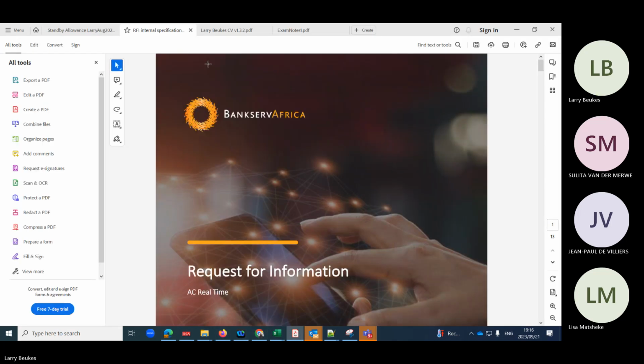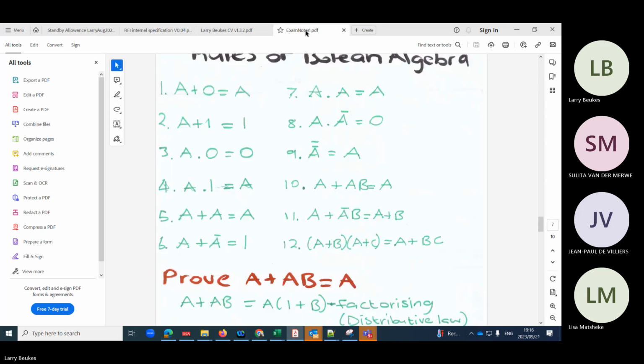A and 1, yes, we said rule number 4, that's identity law. A and 0, identity law as well. A plus 1, this one annulment. A and 0, annulment as well. Then idempotent, which is 5 and 7. Then this is the 2 bars, which becomes a 1.